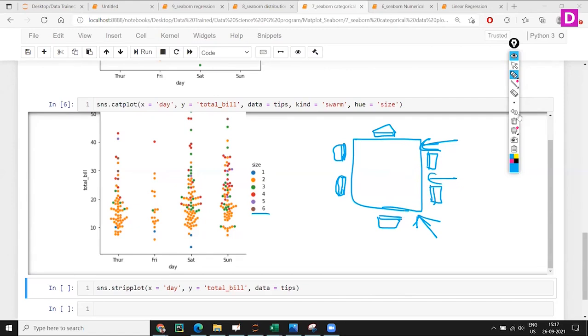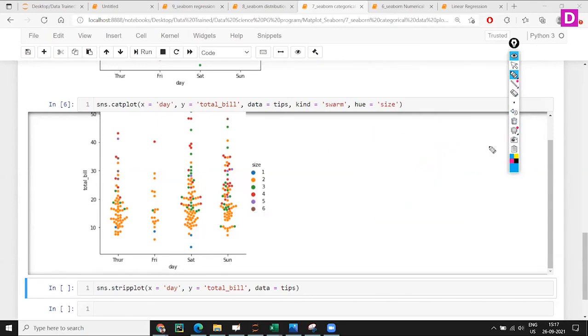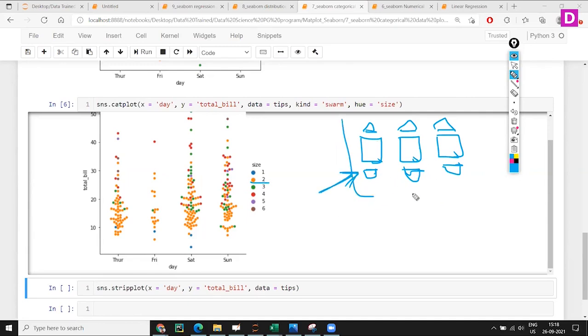So what I will do, I will just remove this and create tables for only 2 people. Right? So I'm utilizing that space, and whenever a group of 2 customers comes, I can allocate them or ask them to sit over here. Basically this was a 6 people table, and I have converted it into a 2 people table, right? I can make use of that space.